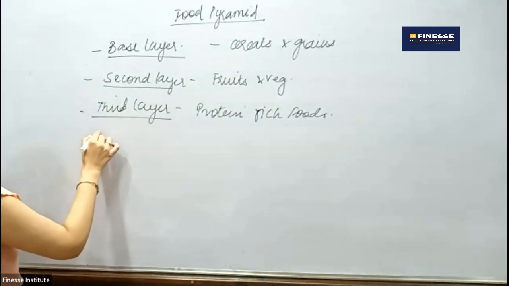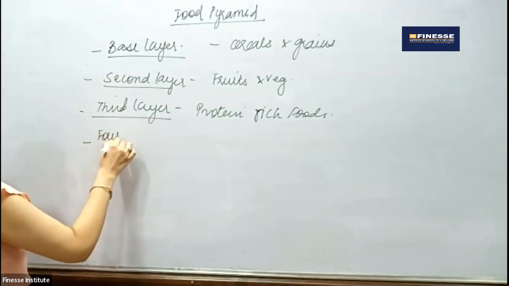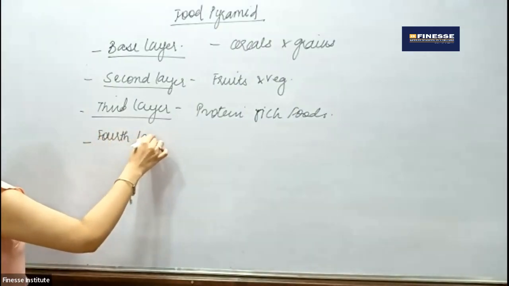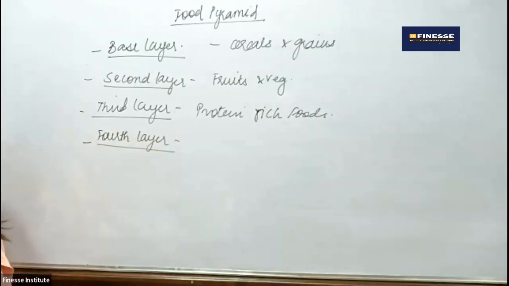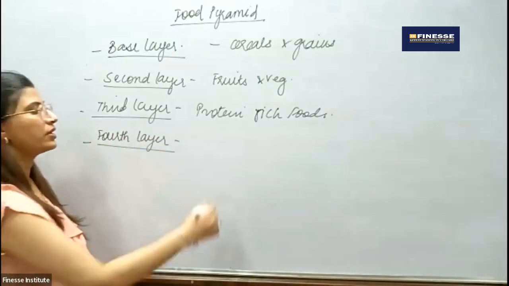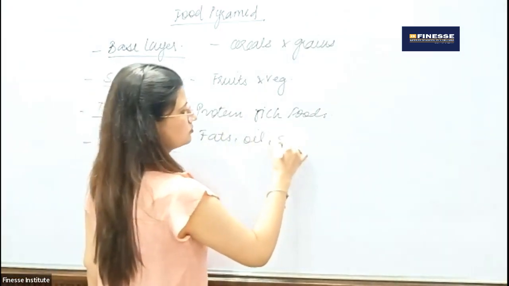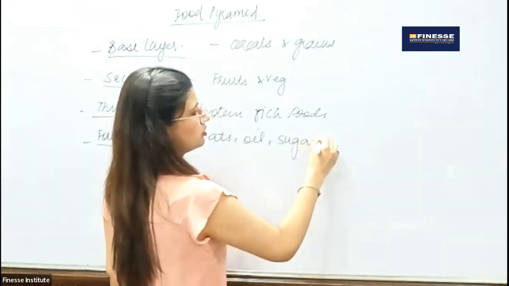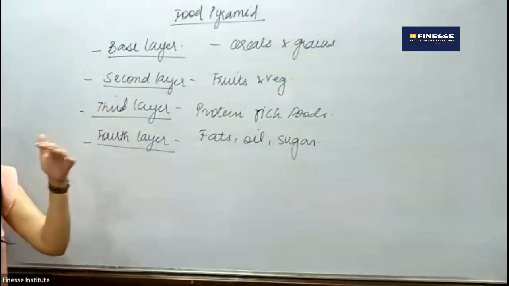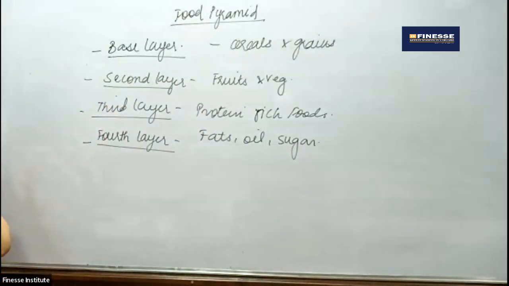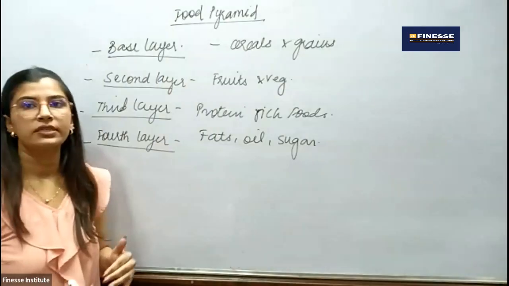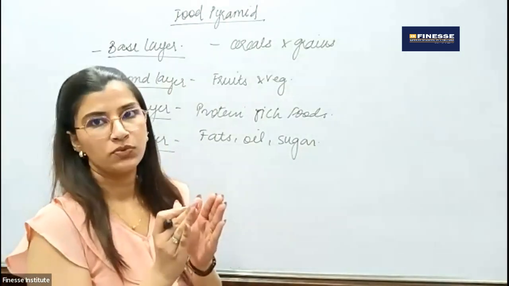Then we have the fourth layer. Fourth layer is of your fats, oils, and sugar. ठीक है, so आपकी fats and oils and sugars की layer आती है. They provide concentrated energy. ठीक है, तो इसे हमें कम अमाउंट में यूज करना होता है.